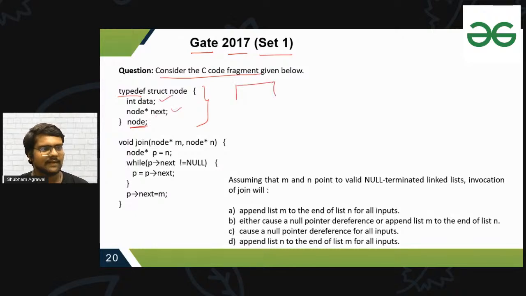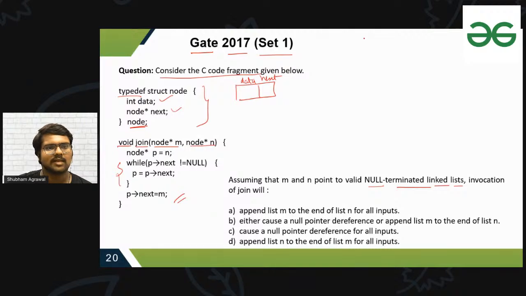Then we have a void join. It takes two nodes, and it runs one while loop and does something like this. So assuming that m and n point to valid null terminated linked lists.